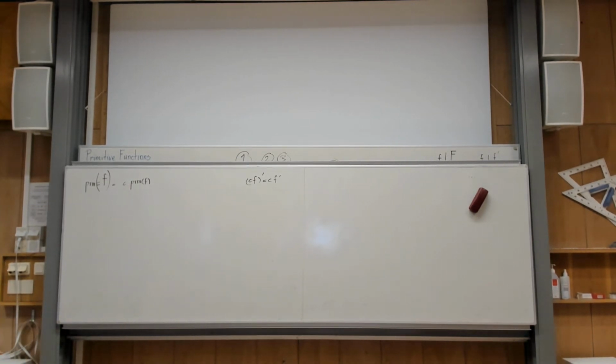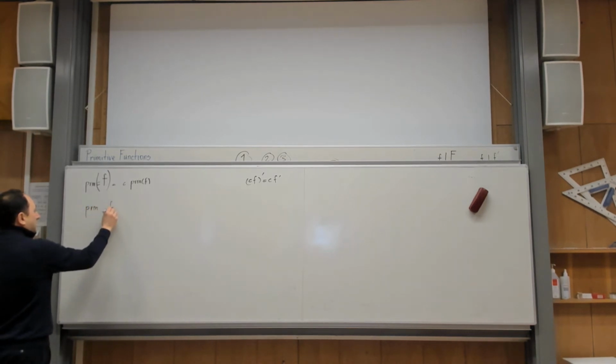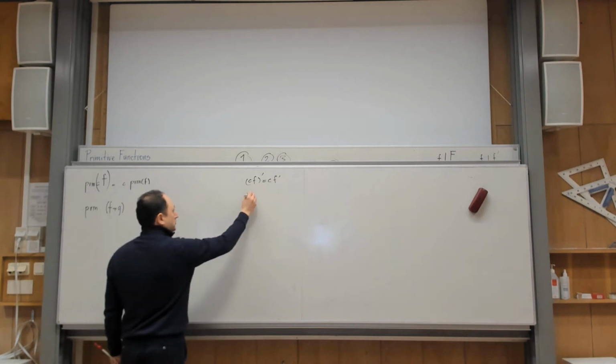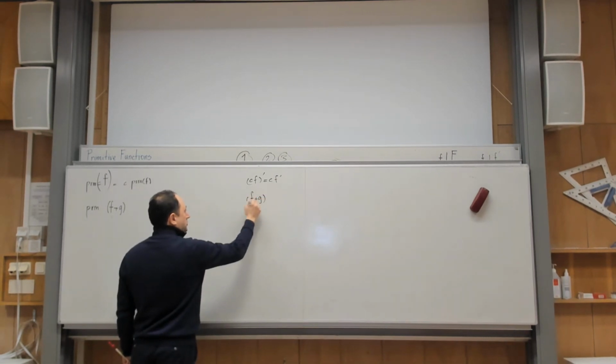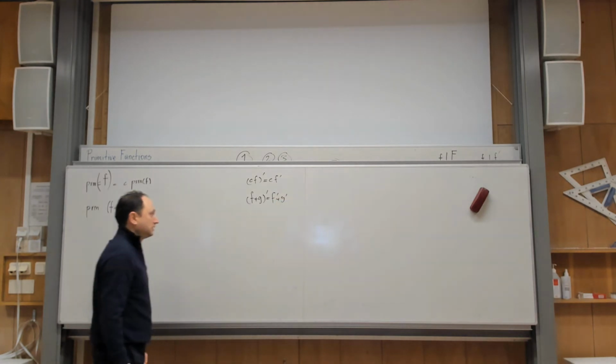And the same thing is true if I have two functions added and I want to find the primitive function for the sum of two functions. Do you remember the formula for the derivative? It works there as well. This becomes f prime plus g prime.